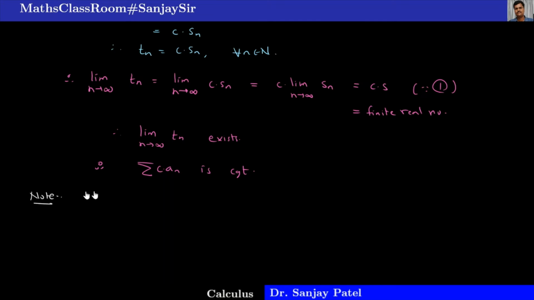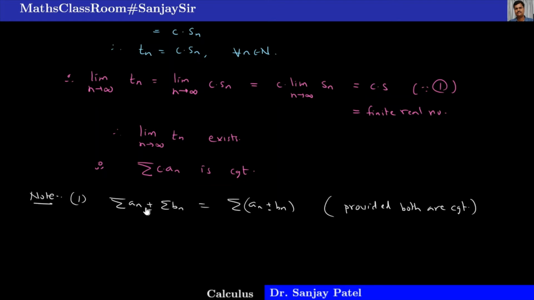If sigma an is convergent, from theorem 1 we can say sigma an plus sigma bn is equal to sigma (an plus bn). Okay, and if it is minus, then we can write minus here also, provided both the series are convergent.